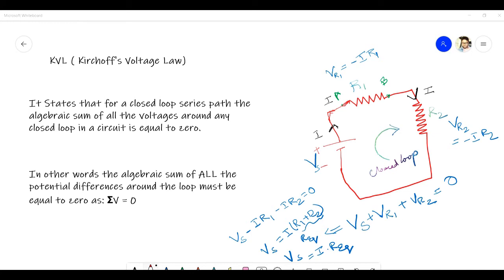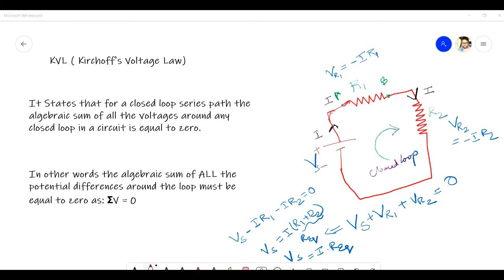The sum of total voltages in the closed loop is 0. So here three voltages are there. One is the voltage from the source, and the voltage drop across the resistance R1 and the voltage drop across R2.